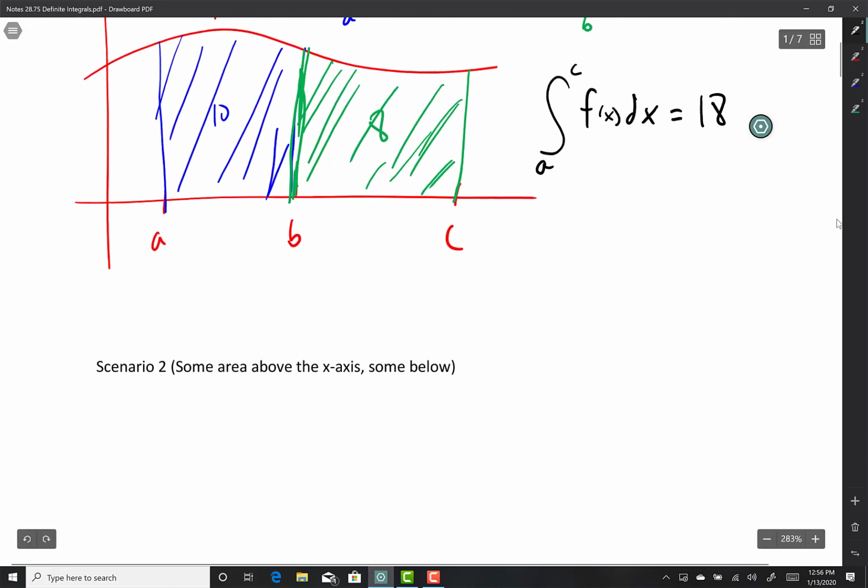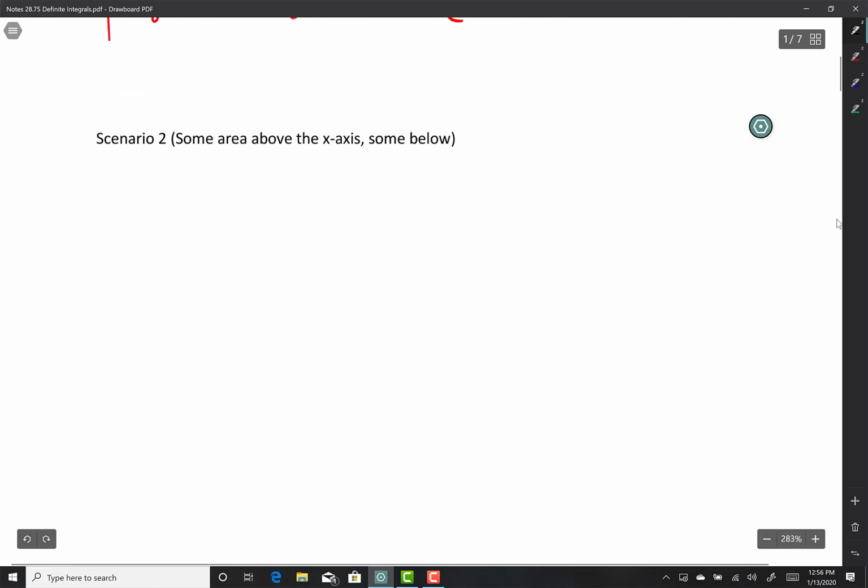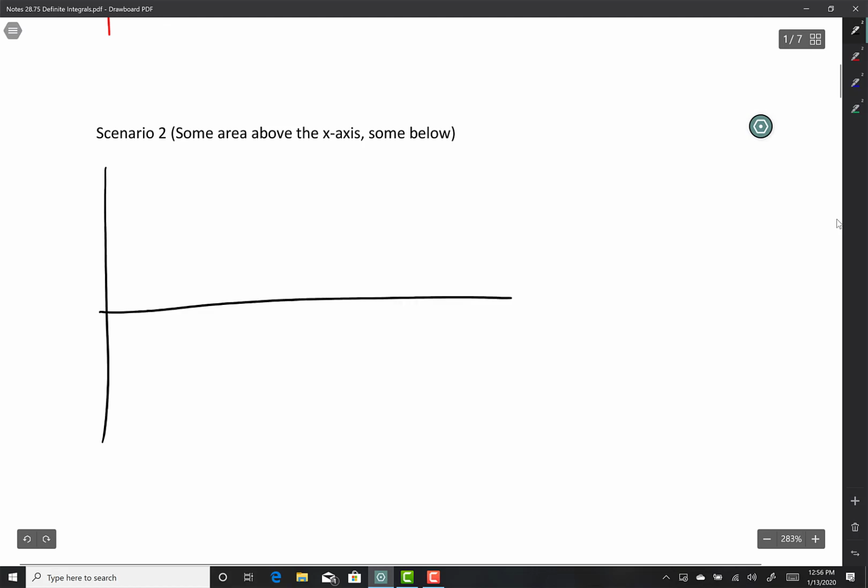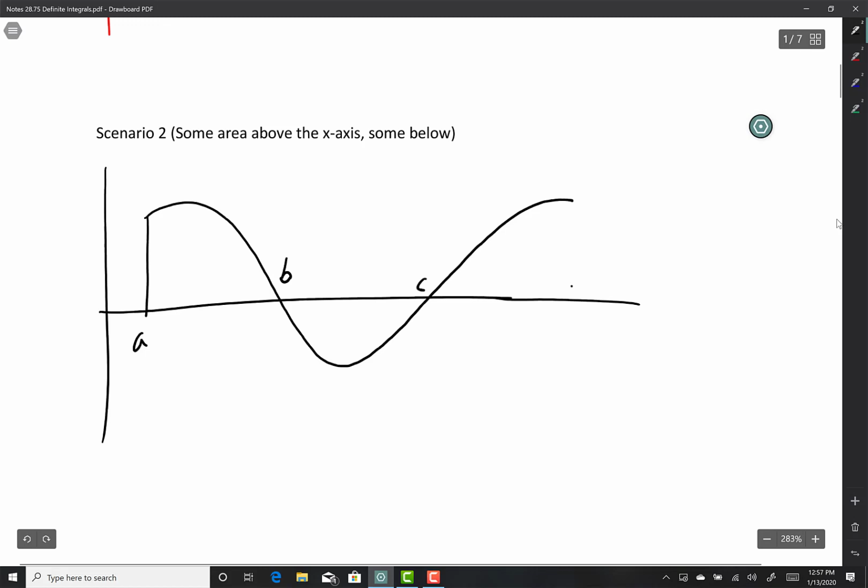All right, here we go. So now I'm going to draw, let's see, I'm going to do this. Some area above, some below. And I'm going to say this is A, B, C, D. I'm going to say the area between A and B, what's a nice number? 10 again.